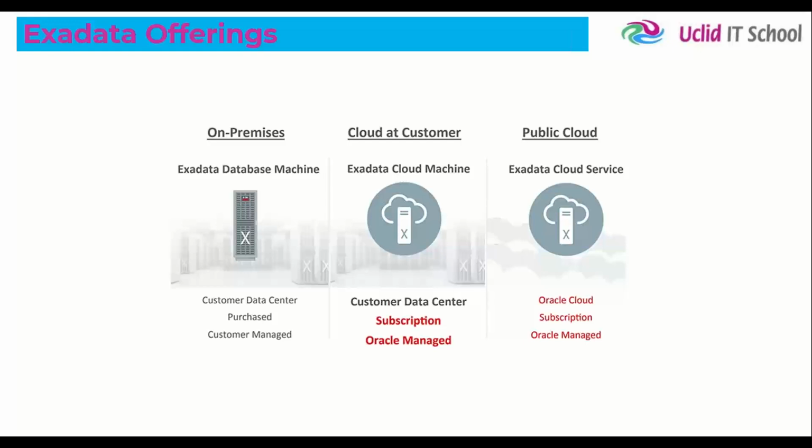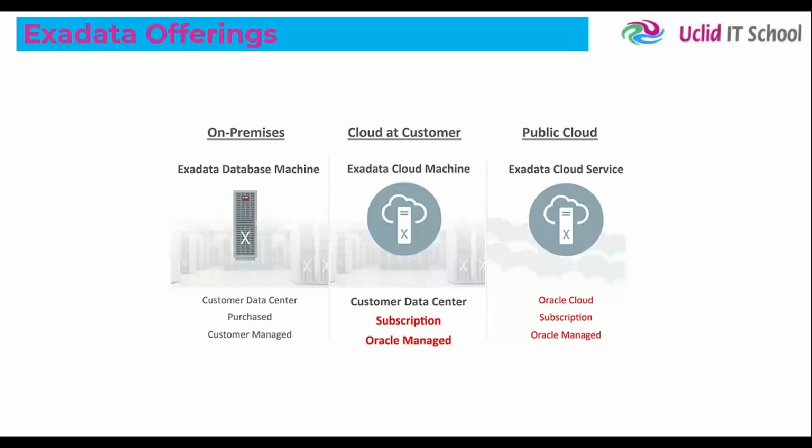Why? If you have any data residency requirements, this model will be very useful. Some countries have data residency requirements. You cannot host your data in other countries' data centers. You need to host it in your own country, in your own data center. So if you have such requirements, you have the flexibility.